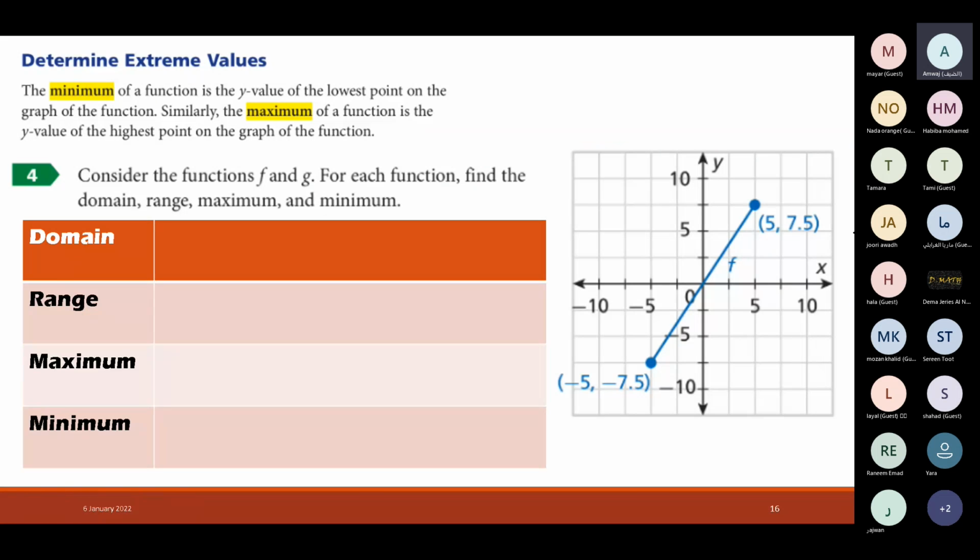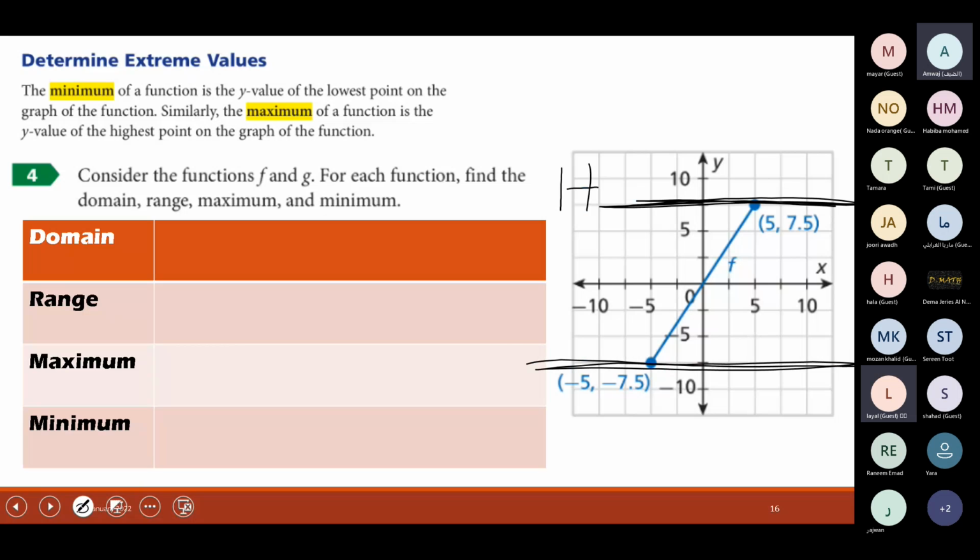So here, as you see in this graph, maximum is the highest point of y. Where is the highest point of y? It will be this one. Where is the lowest point of y? Here is the lowest point of y.